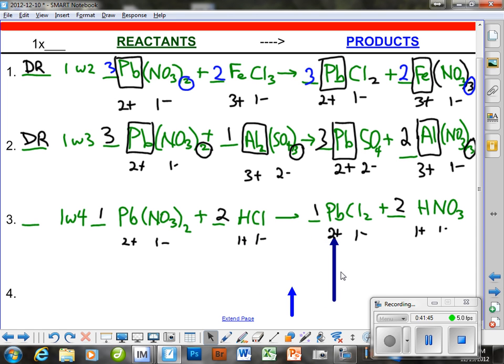Here we've got a 2 plus, which gives us the subscript of 2 for the chlorine, a 1 minus, which gives us the subscript of 1 for the lead. And then on nitric acid, we've got a nitrate with a 1 minus and a hydrogen with a 1 plus. And because they're both 1, we have no subscripts here. This 3 is the 3 oxygens in the nitrate ion.